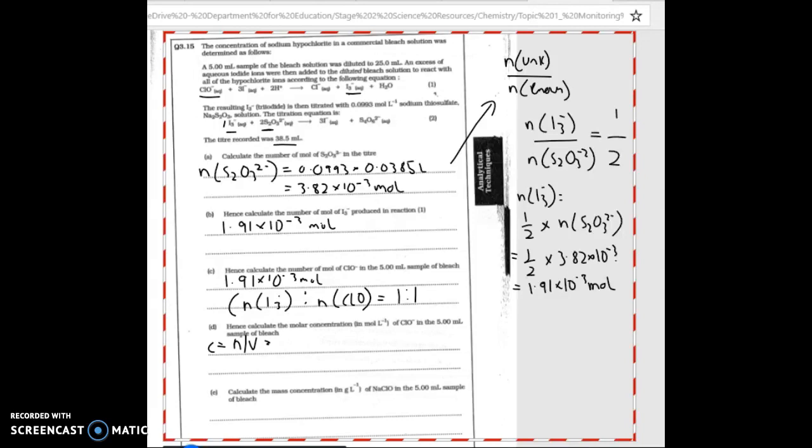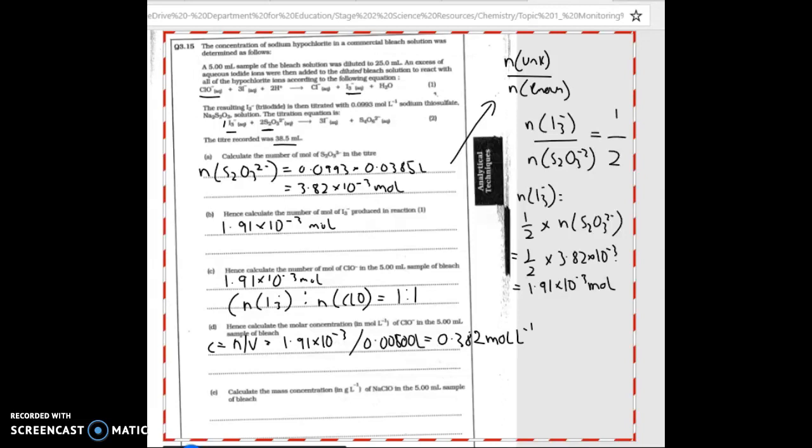We know the number of moles is 1.91 times 10 to the minus 3, divided by our 5 mL, which is 0.00500 litres. Following through the significant figures, that equals 0.382 moles per litre.